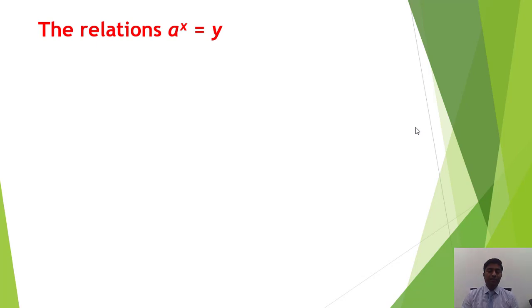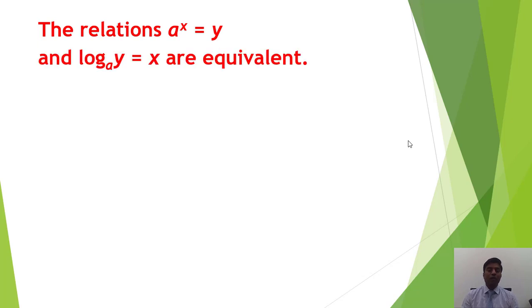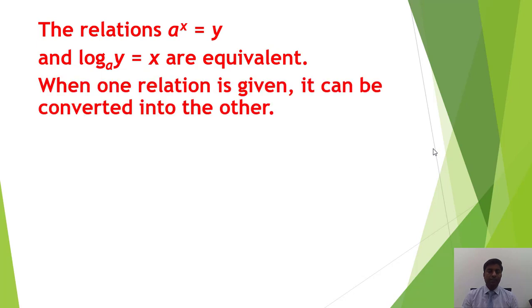The relations a raised to power x is equal to y and log y to the base a is equal to x are equivalent. When one relation is given, it can be converted into the other: a raised to power x equal to y if and only if log y to the base a is equal to x.